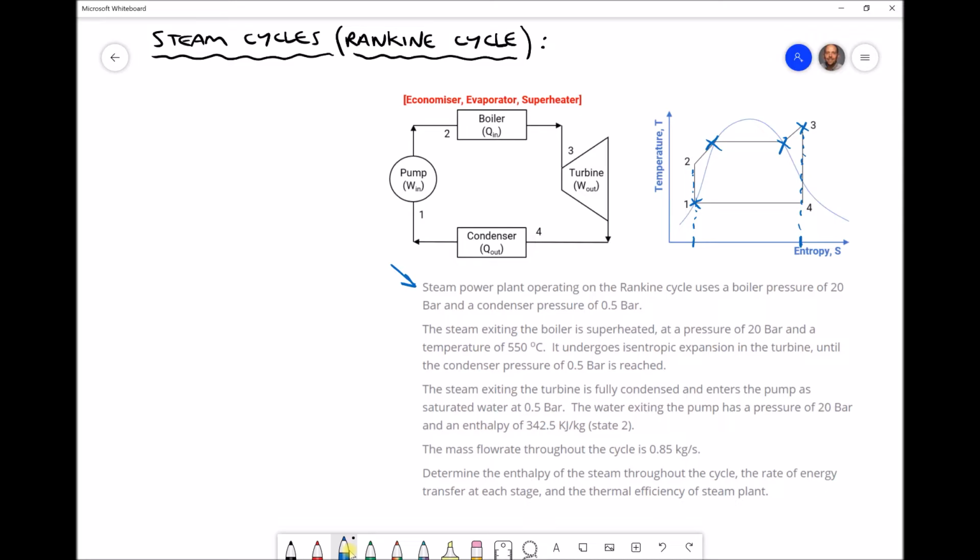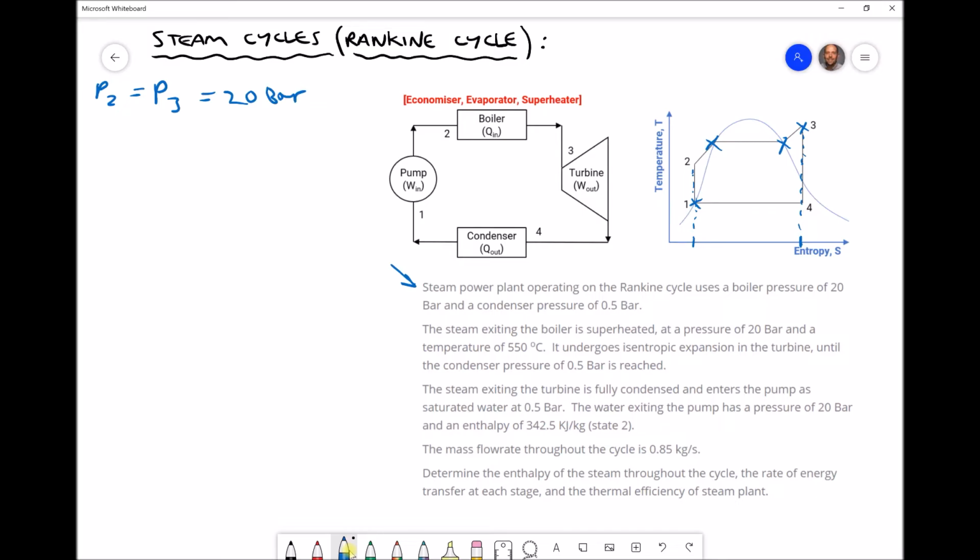Now, we know from the previous tutorials that the processes in the boiler and in the condenser are constant pressure processes. So if we refer to our temperature entropy diagram then, we know that the entrance to our boiler is position 2 and the exit is position 3. So we can write P2 equals P3 because we have a constant pressure process, and we know that our boiler pressure is 20 bar.